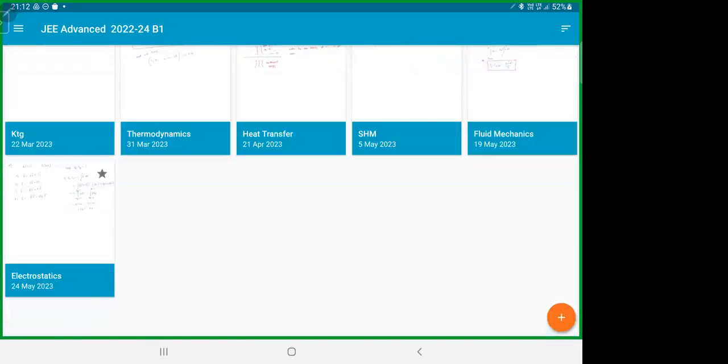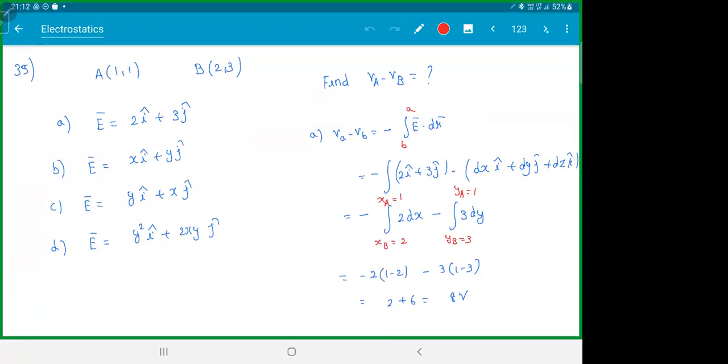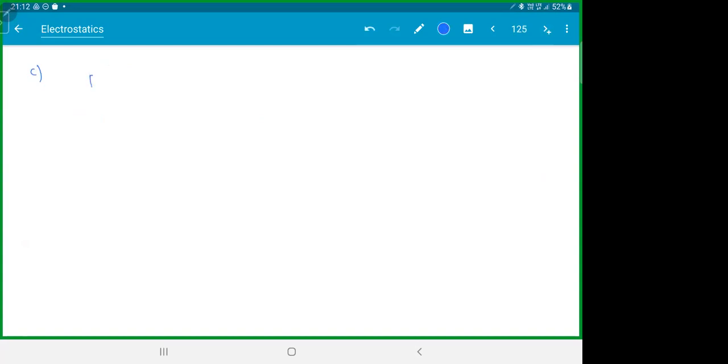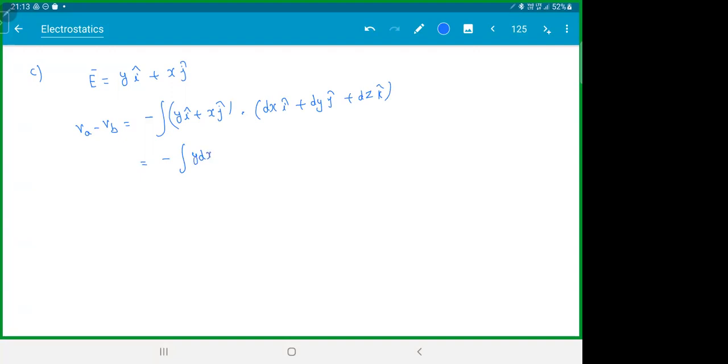Let me show you how to do the third one. Third one is yi + xj. So when you integrate VA minus VB, minus y dx plus x dy.